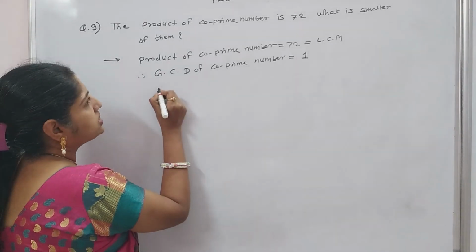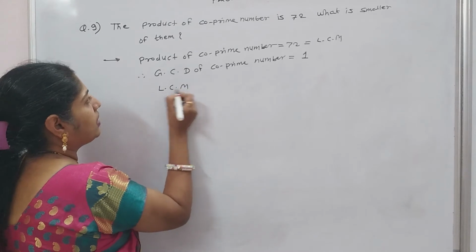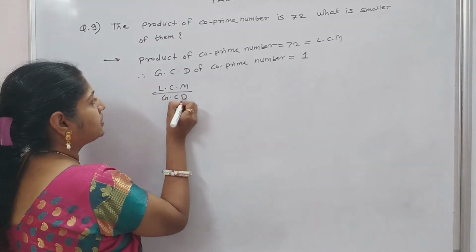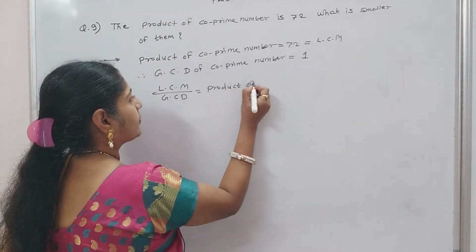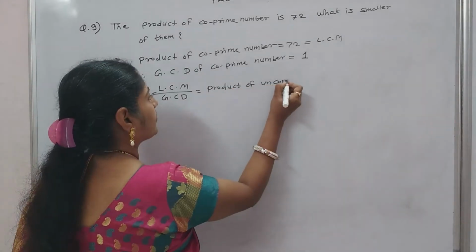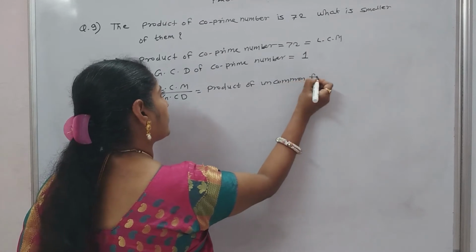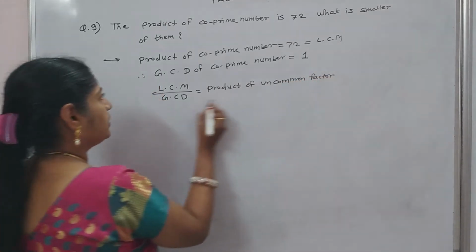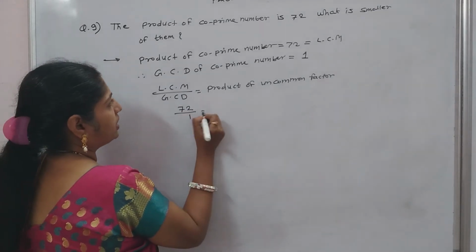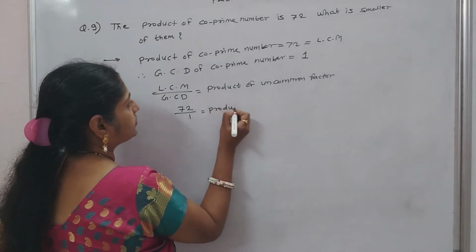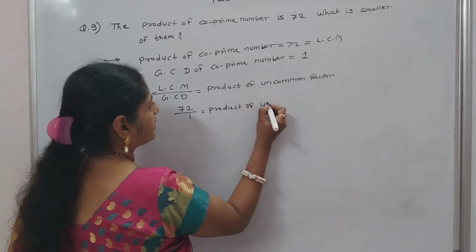So we use the relation LCM upon GCD equal to product of uncommon factors. LCM, that is 72, upon GCD 1, equal to product of uncommon factors.